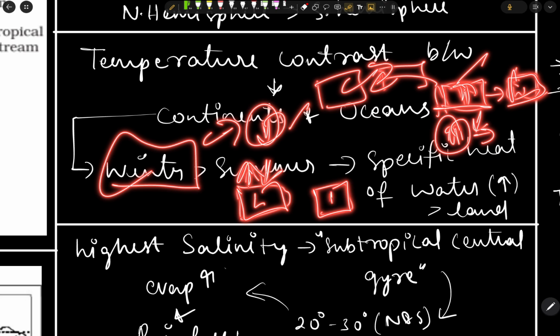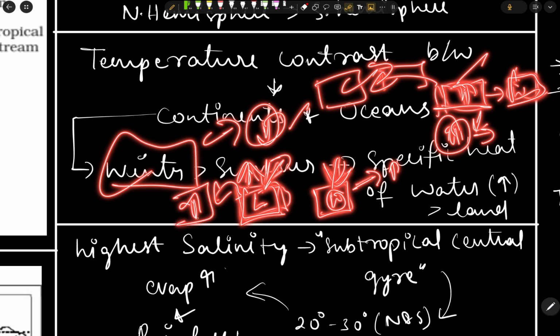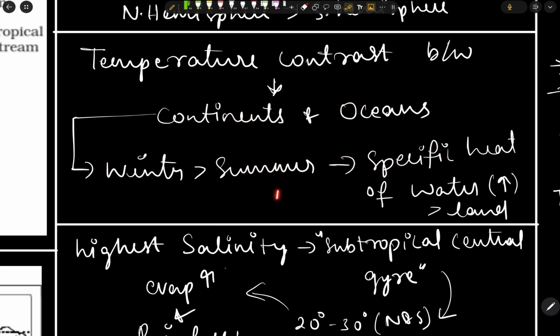fast. Water has the highest specific heat capacity. That means it gets heated up very slowly. But during the winter season, land also releases its heat very fast, so it becomes cooler very fast during winter. But as the specific heat capacity of water is high, it stores the energy, and the oceanic part is warmer during winter compared to summer.